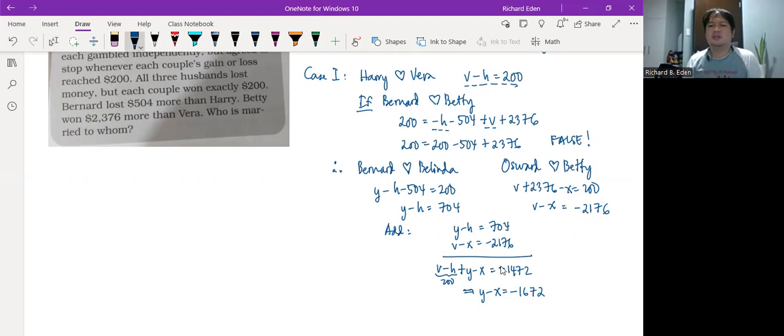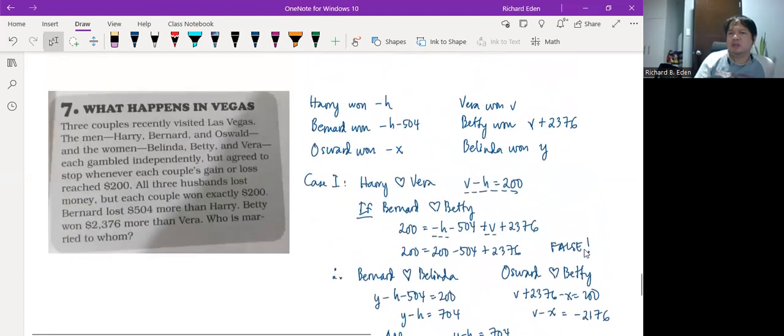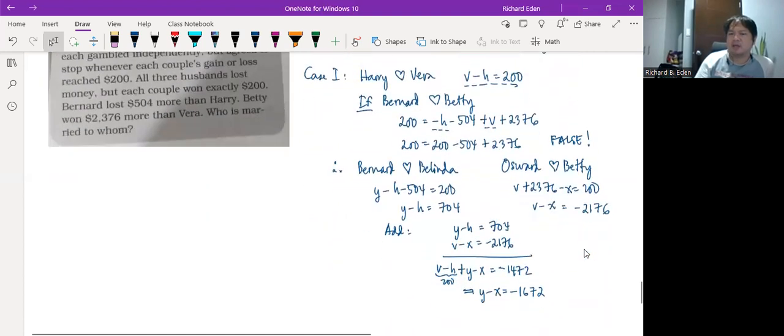So we have four letters, V, H, X, Y, and there is no impossibility. Maybe this is the actual situation. Okay, anyway, if Harry and Vera are the couple, then it must be Bernard and Belinda, and then Oswald and Betty, and then maybe the other possibilities are impossible. Okay, so far, we have not eliminated this.